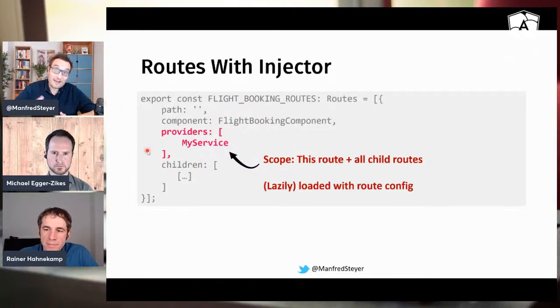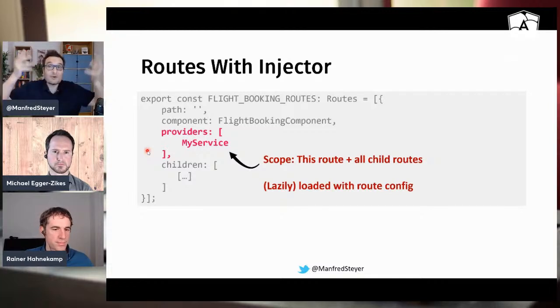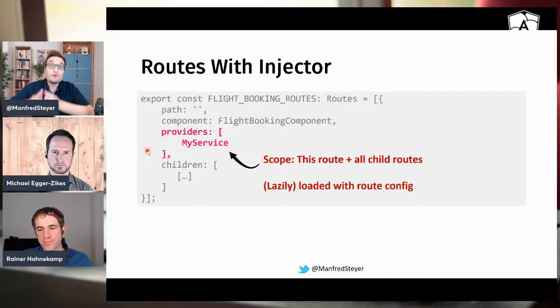And this takes away a lot of confusion because in the past, both things have been intermingled, even though they don't have anything to do with each other. In the past, when you did lazy loading, you always got a new scope.